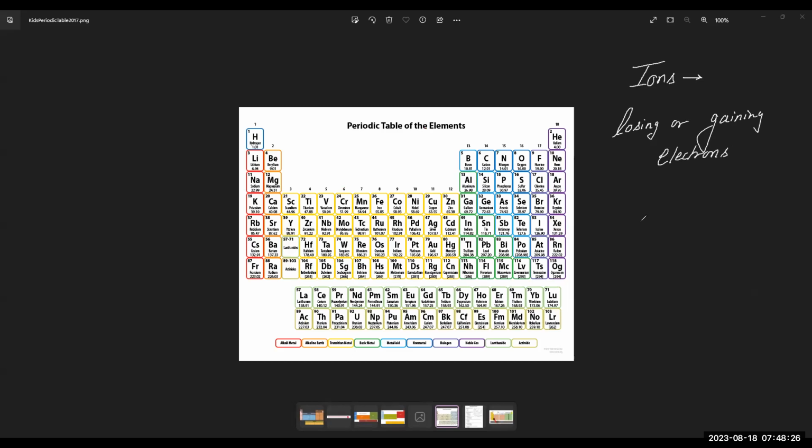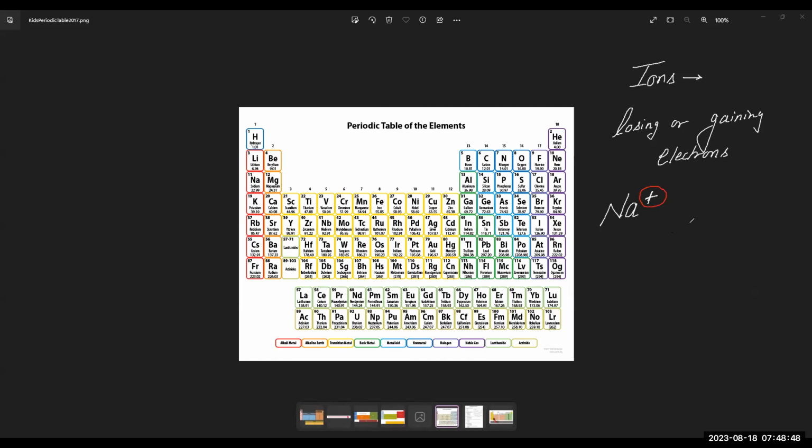So if I say, what's the configuration of sodium plus? This plus means the electron is lost or gained, how many?